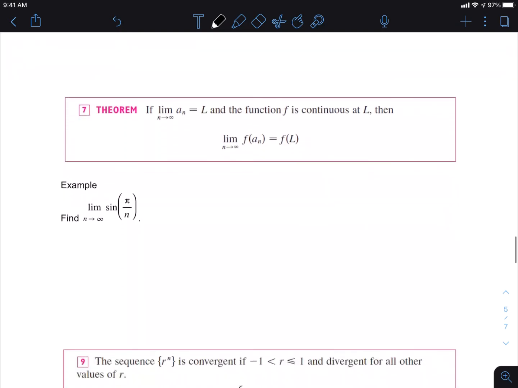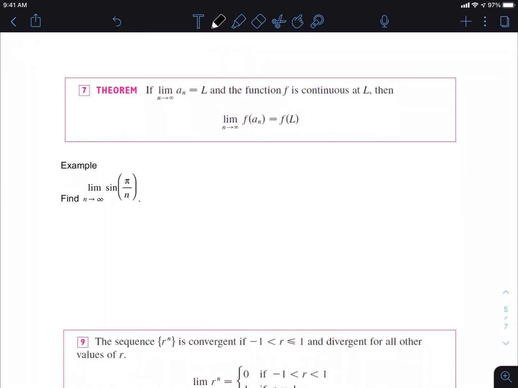Again, using some of the rules that we have, here's another theorem. If the limit as n goes to infinity of a sequence is equal to some L, and the function is continuous at L, then the f of the sequence is equal to f of L, meaning some function that has all these sequential points is going to be equal to the function evaluated at the new limit.